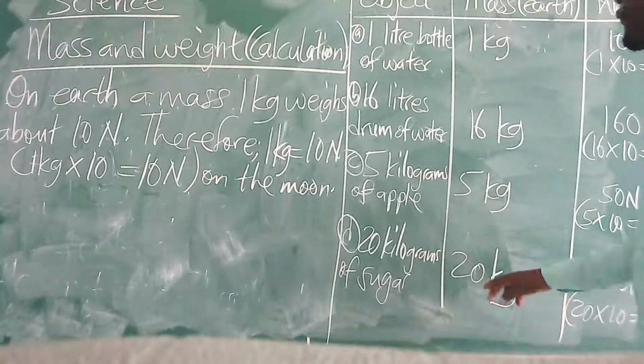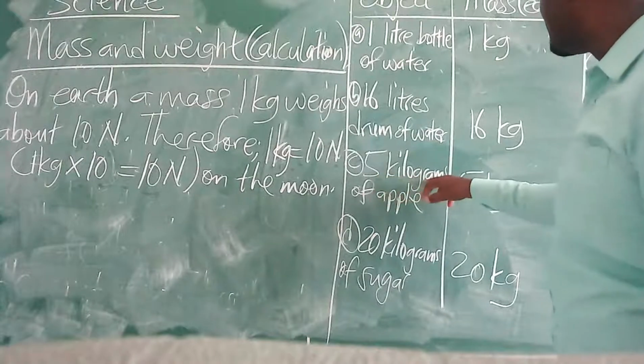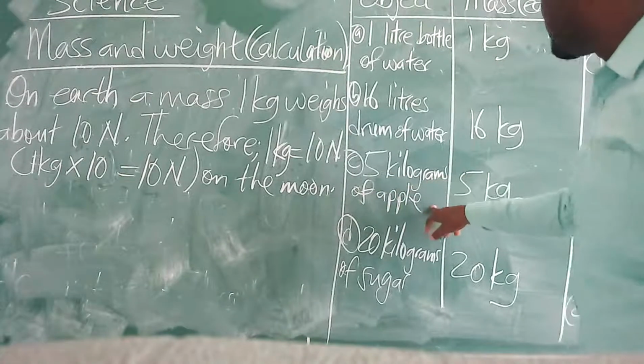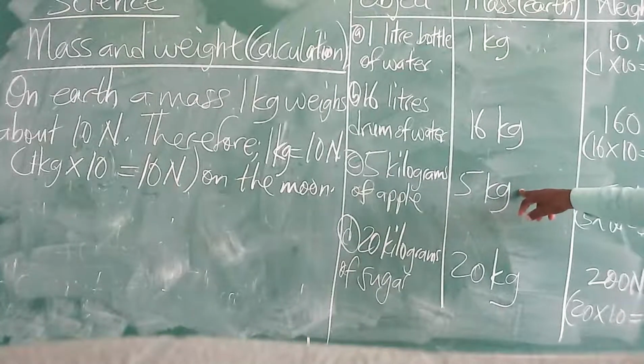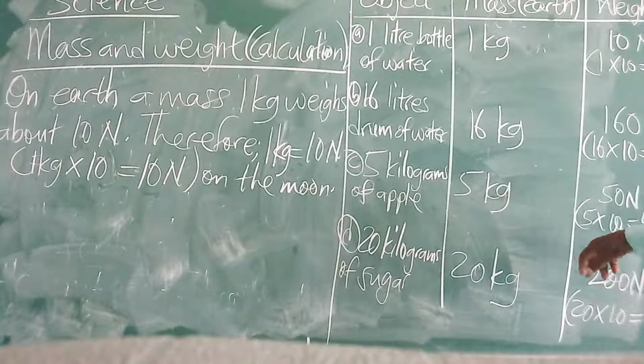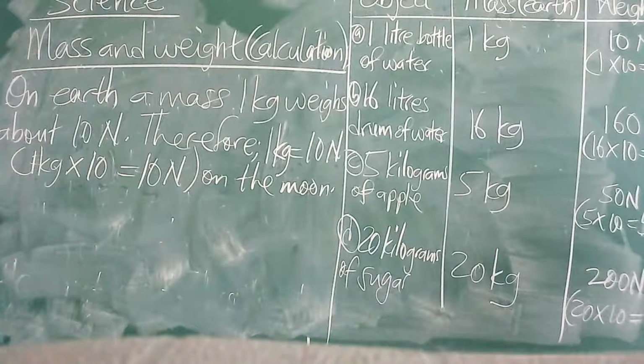The same thing if you have 5 kilograms of apple. So here is 5 kilograms on earth. Then on the moon, the weight will be 5 times 10, and it will give you 50 newtons.